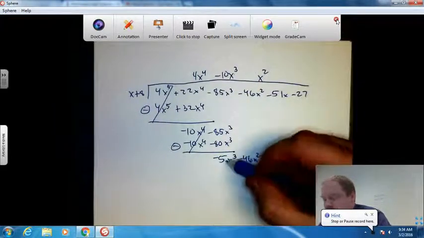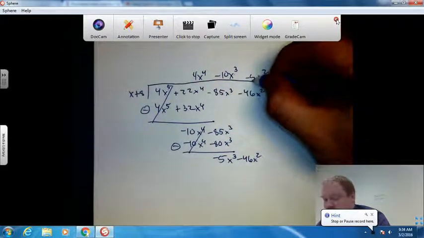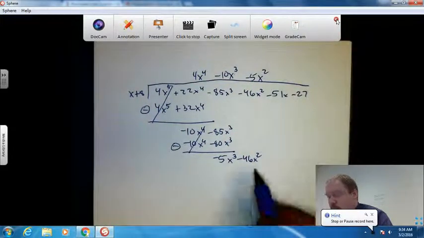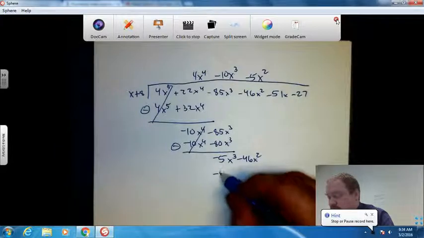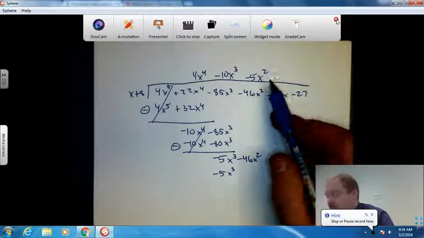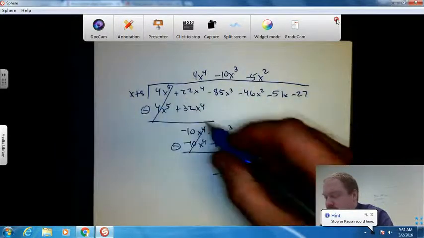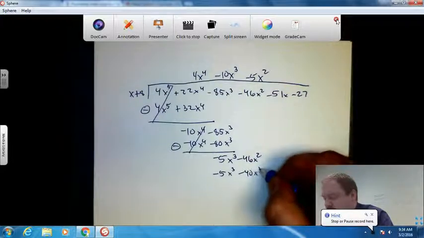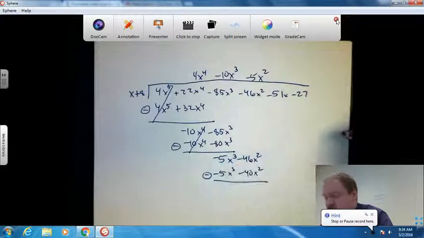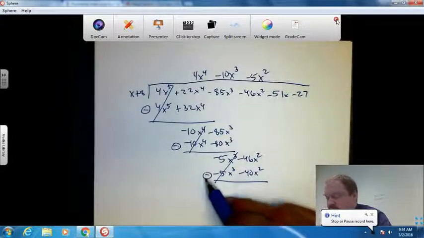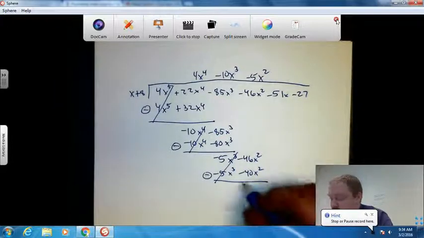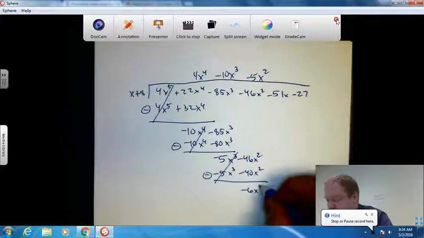Okay. Negative 5 divided by 1 is negative 5. Start the process over again. Negative 5 times 1 is negative 5 x cubed. Negative 5 times 8 is negative 40 x squared. Subtract straight down. These cancel. Negative 46 minus negative 40 is negative 6x squared.